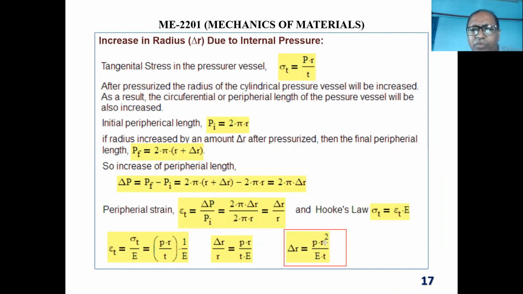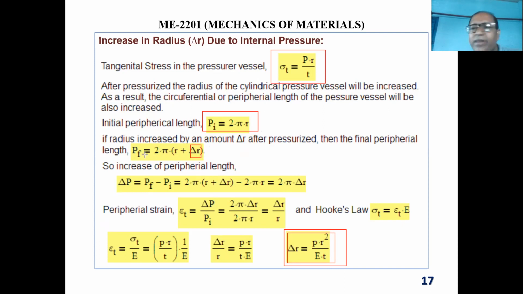Delta R equals P R squared divided by E t. So the tangential stress in the pressure vessel is sigma t equals P R by t. Okay. Now, what is the peripheral length? The initial peripheral length is 2 pi r. After you pressurize, the radius will be increased a little bit, right? So we're calling this increase delta r.